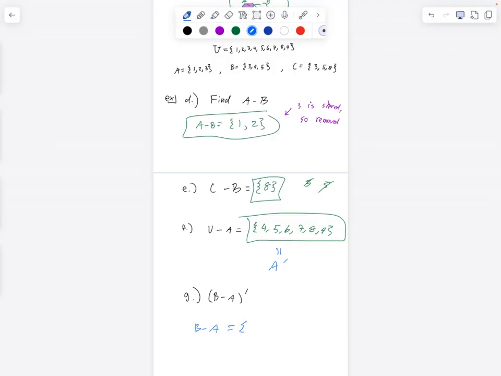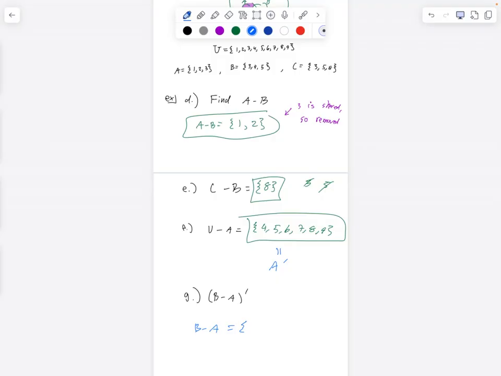Basically, remember, this is basically the universal set minus 1, 2, 3, 6, 7, 8, and 9. It's everything else. So it's the universal set removing the set of values that I found.